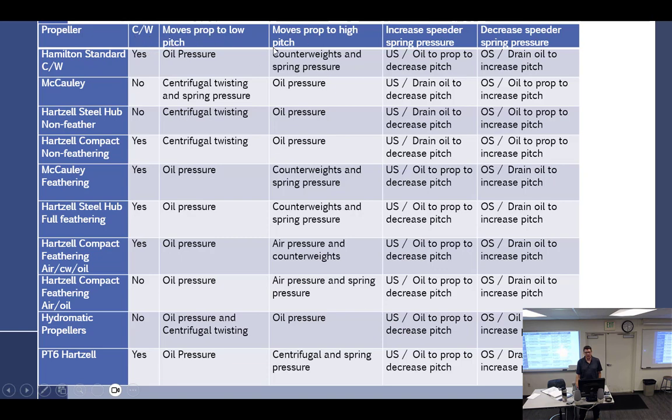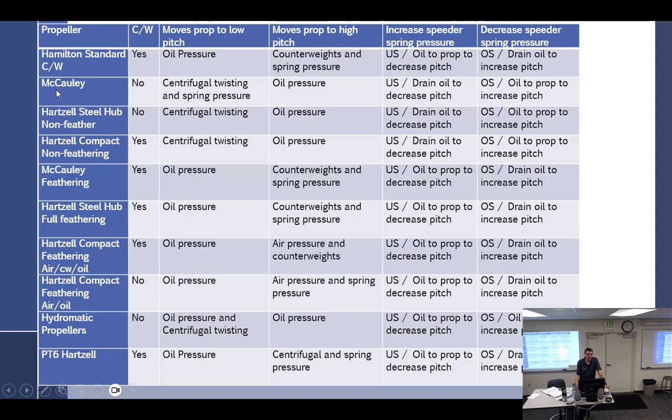What moves the prop to high pitch? And what does increasing the speed or spring pressure do? What does decreasing speed or spring pressure do? If we look at the Ham Standards, they have counterweights? Yes, because it's even called a Hamilton Standard counterweighted prop. All right. So what moves the prop to low pitch? Oil pressure. And high pitch, spring pressure.